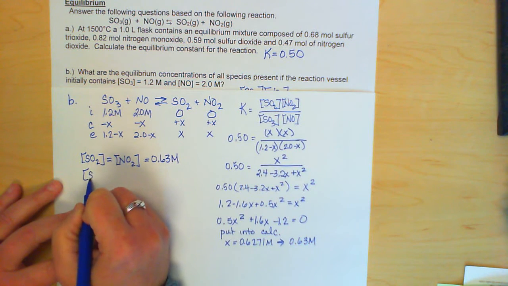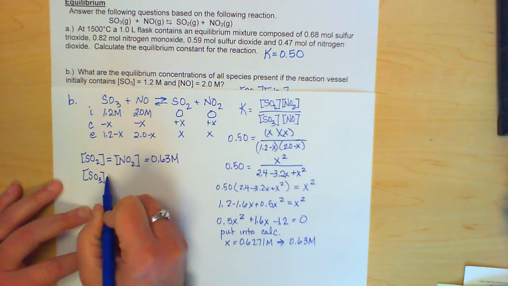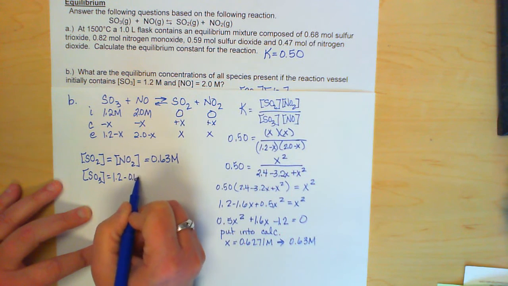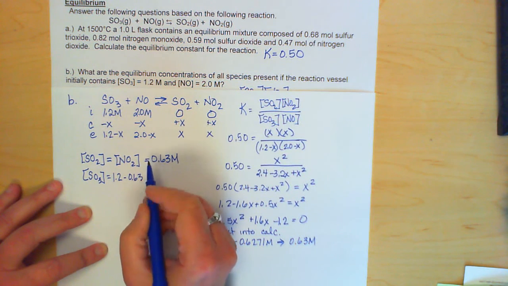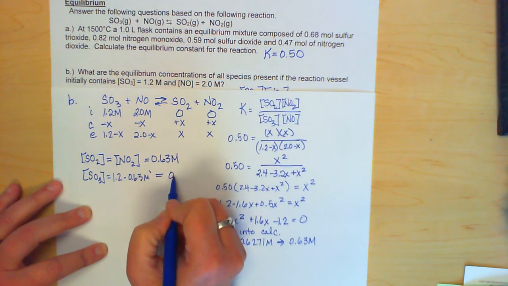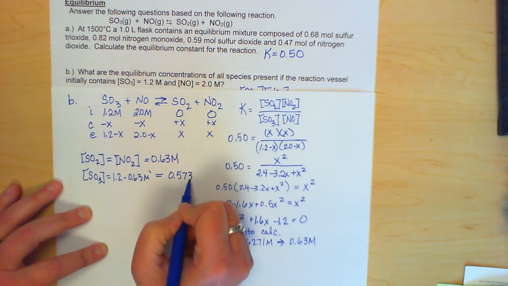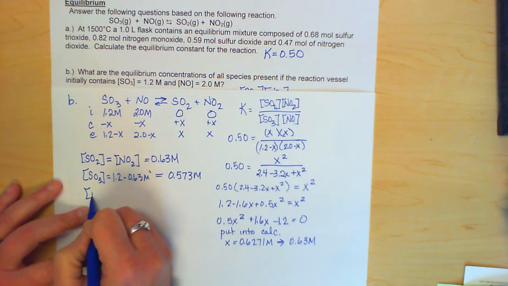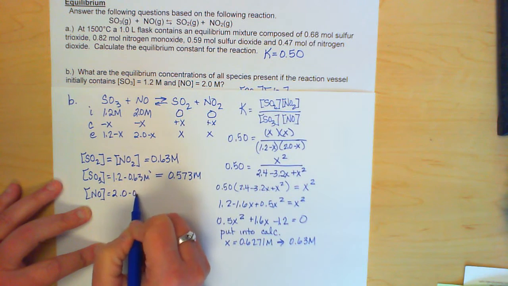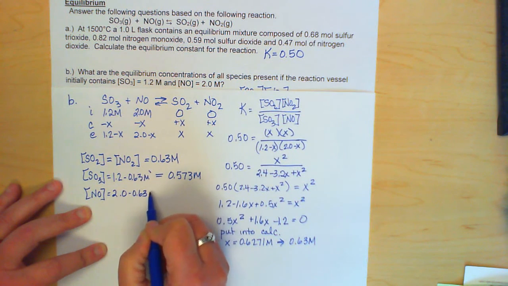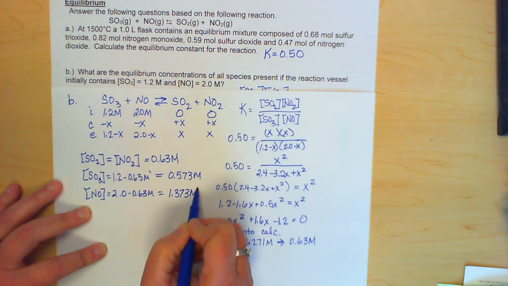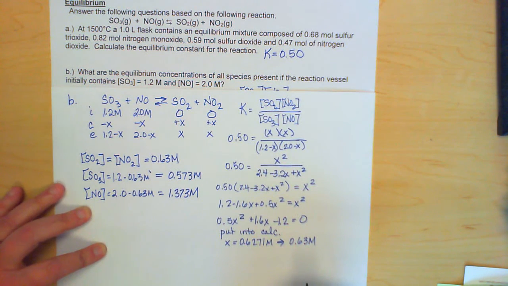We want SO3, which we know was 1.2 minus 0.63 molar, which is equal to 0.573 molar. NO was 2.0 minus 0.63 molar, which is equal to 1.373 molar. Okay.